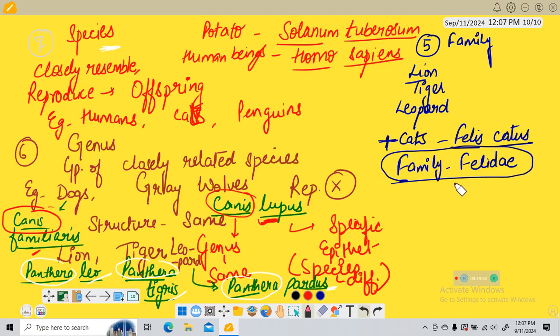Then comes, after family we have order. Now all these four: lion, tiger, leopard, and cats. So basically these all are somewhere flesh eating. So this comes under the order Carnivora.